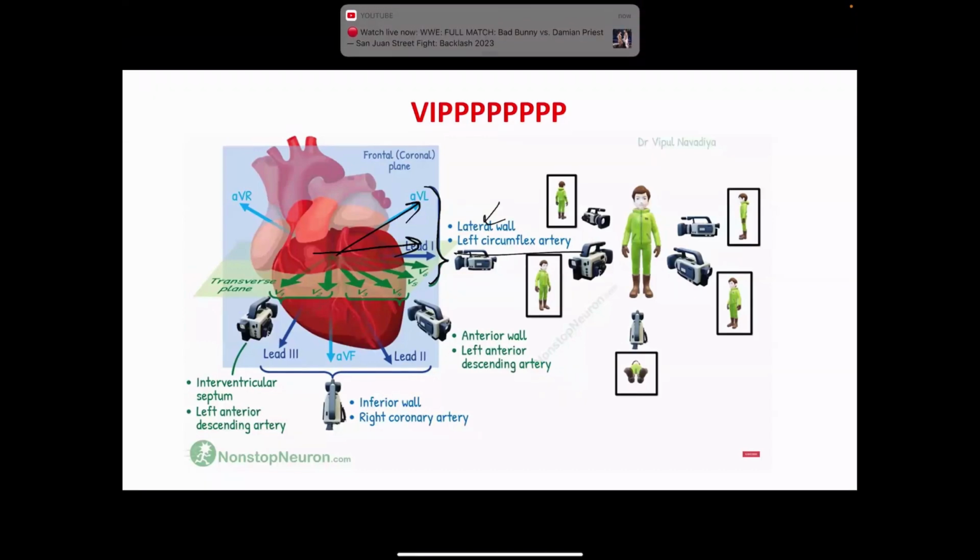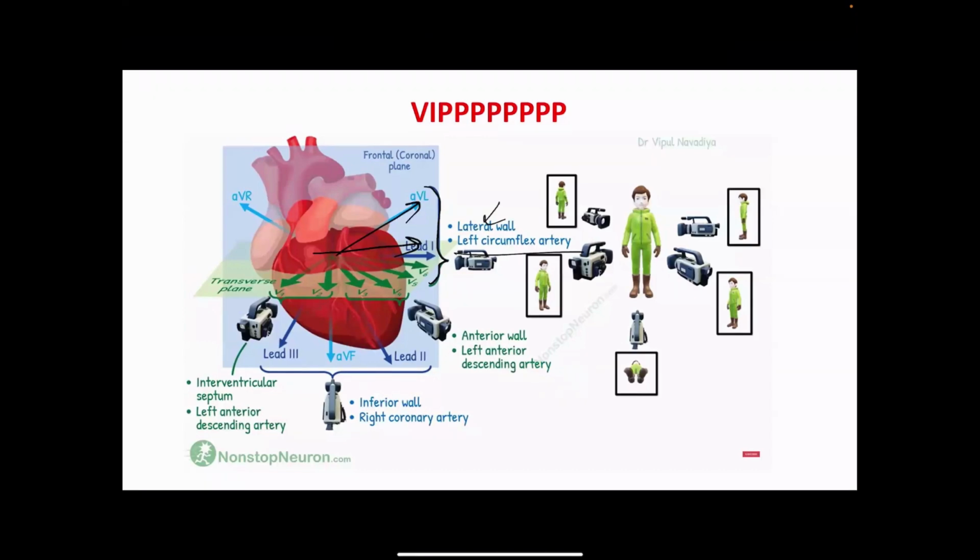Pretend AVL and lead 1 are this camera. This camera gives you a lateral view really clearly. Even if other cameras can kind of give you a lateral view, this camera specifically gives you such a clear side view. That's why you depend on these two leads to read the lateral wall of the heart.